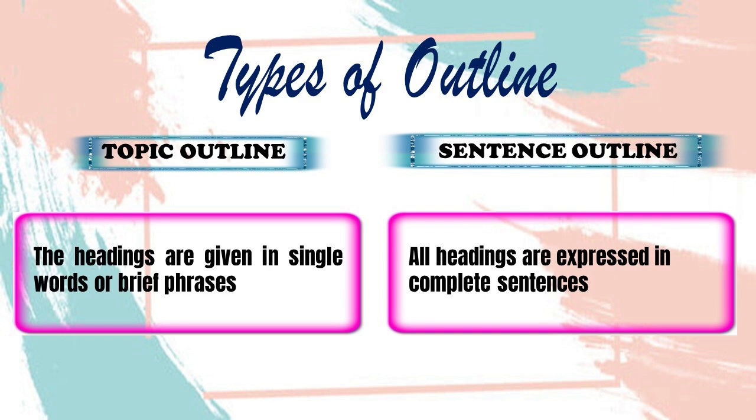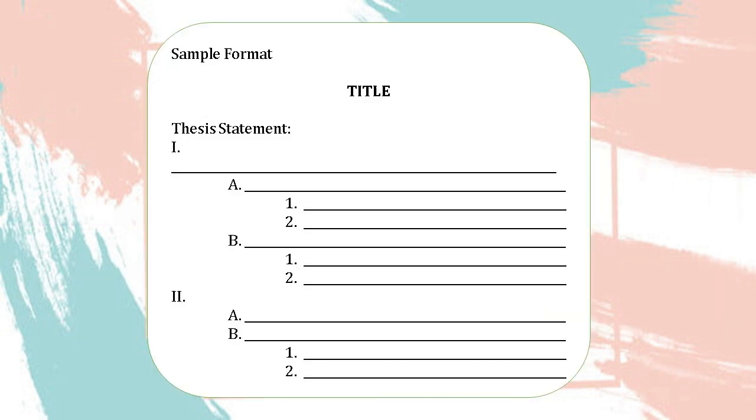It gives brief information of what the topic or the news is all about, no? And I have here a sample format of an outline which consists, of course, of first the title and the thesis statement.